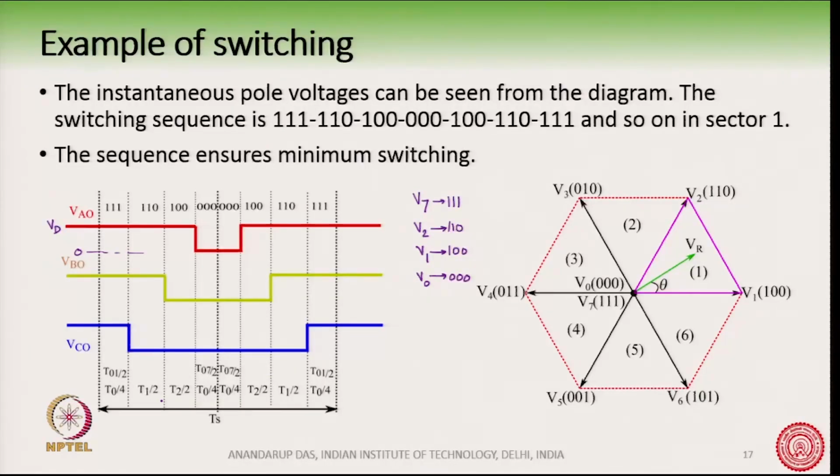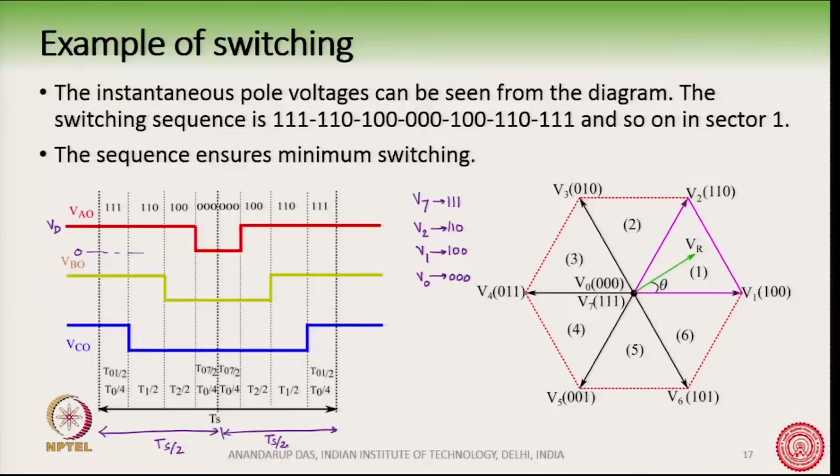As of now, we can say that this time period Ts is now equally divided into Ts by 2 and Ts by 2. So, this is the Ts by 2 and here is another Ts by 2. Okay. These are the two subdivisions Ts by 2.